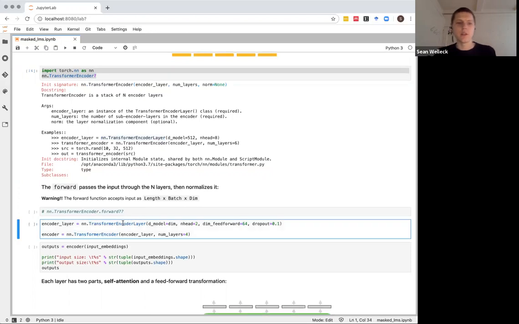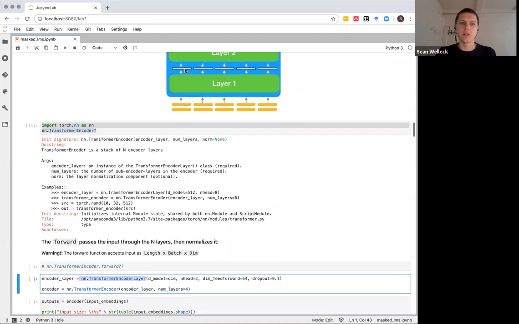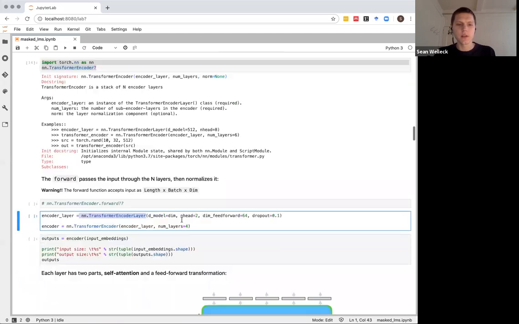Okay, so now here we're going to initialize one of these layers. And again, a layer you could think of as one of these green blocks. We're going to specify the different parameters. First of all, you have some dimension, and this will be consistent for the input dimension and the output dimension.